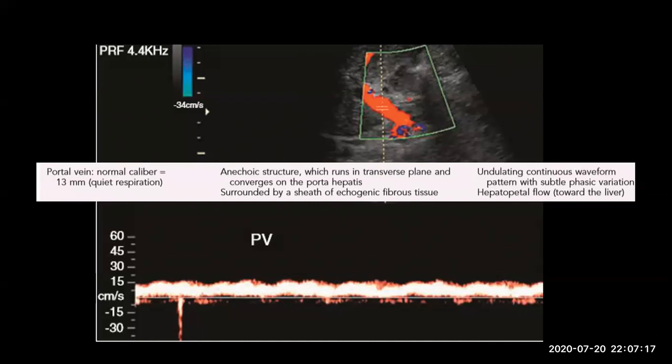On the ultrasound spectrum, it is a continuous wave pattern, monophasic as we said, and it is hepatopetal flow toward the liver. Okay, so we can move to the second case.